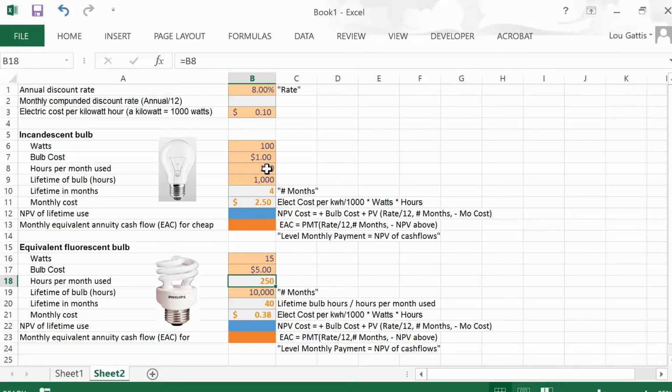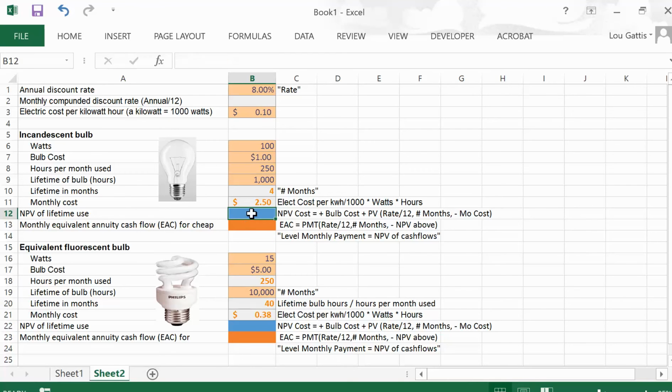If I still use it 250 hours per month, this bulb lasts about 10,000 hours before it burns out. So that $5 gives you 10,000 hours, which is about 40 months. Not 4 months. So this bulb, although it costs 5 times more, lasts 10 times longer. And if I take my 15 watts to get that brightness, it only costs about 38 cents a month in operating expense.